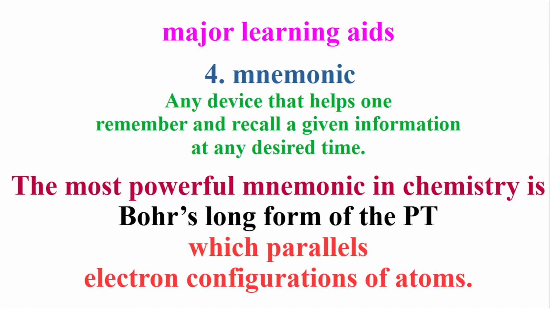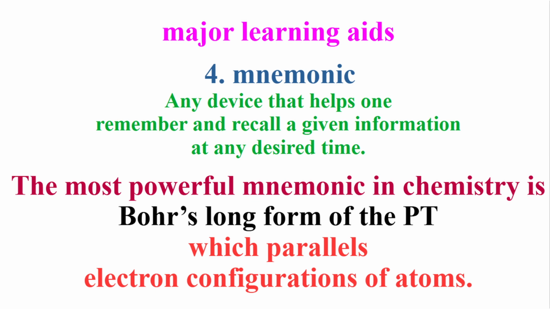The fourth and last major learning aid is mnemonics. A mnemonic is any device that helps one remember and recall any given information at any desired time in the future. The most powerful mnemonic in chemistry is, thanks to Bohr, his long form of the periodic table.